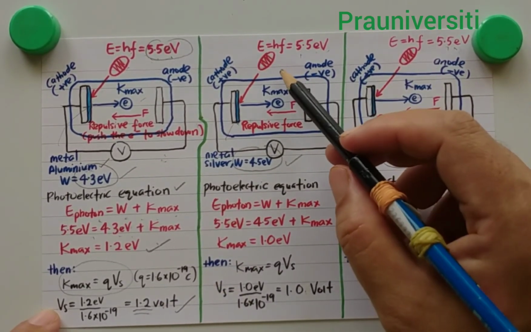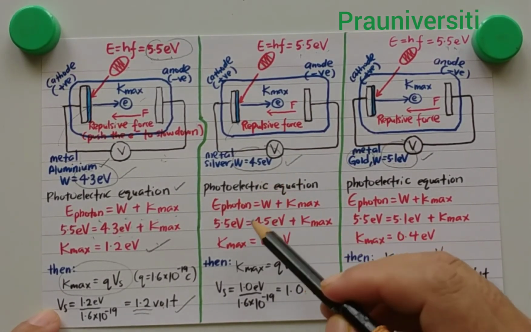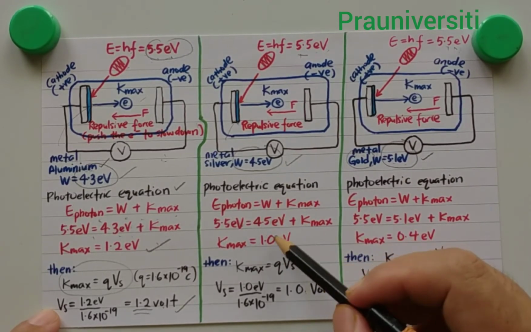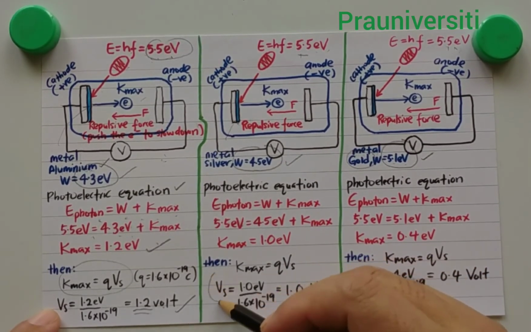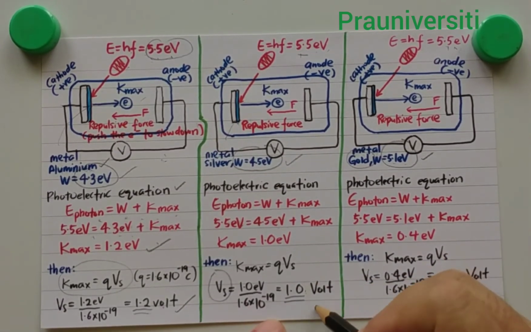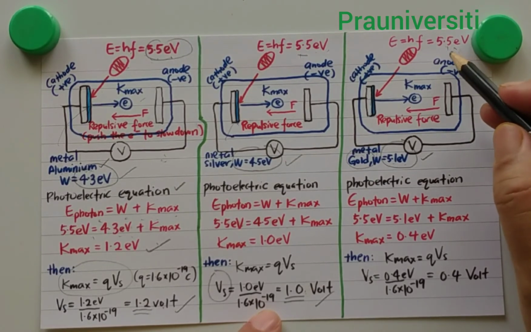Same with diagram number 2: the work function is 4.5 electron volts and the energy of the photon is 5.5. We solve the problem and have a stopping voltage of 1.0 volts.